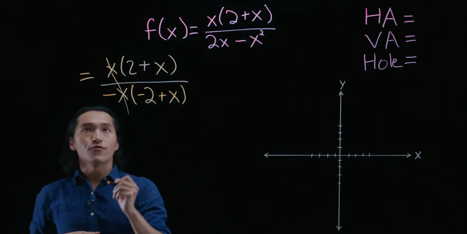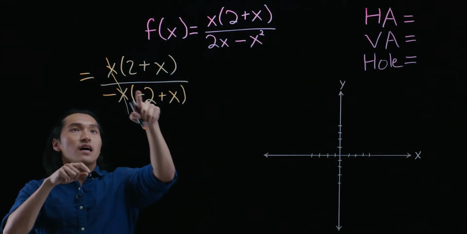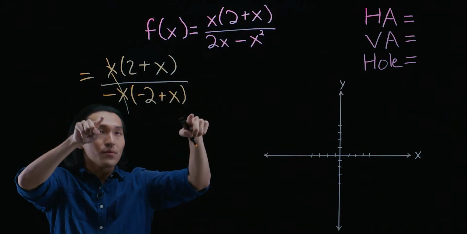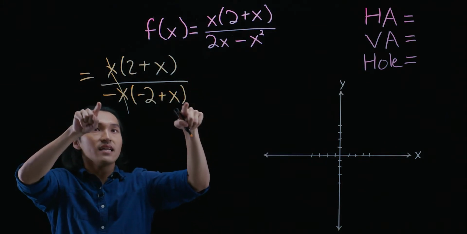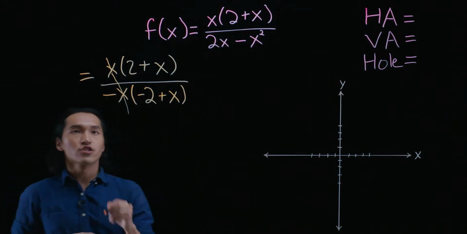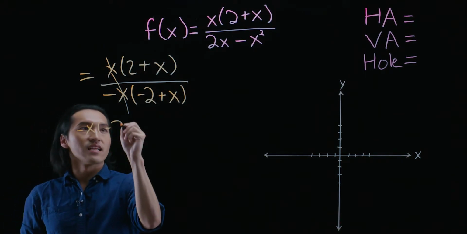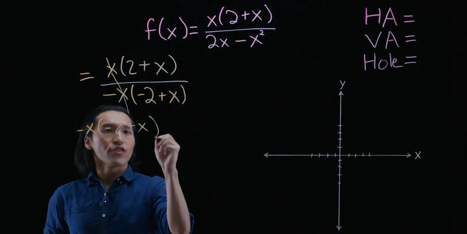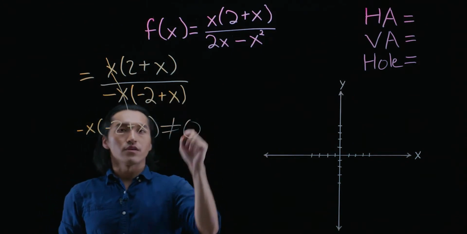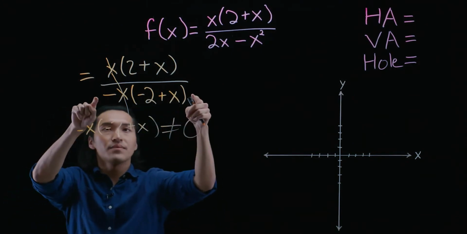The reason for that is, if we recall, the denominator of a fraction cannot be equal to 0. So this whole thing of negative x times negative 2 plus x can't be equal to 0, because it's in the denominator of a fraction.